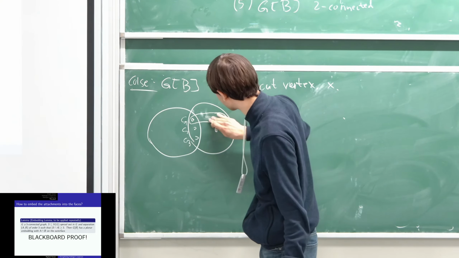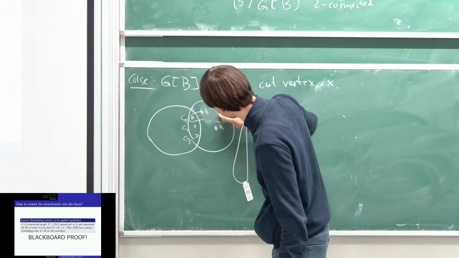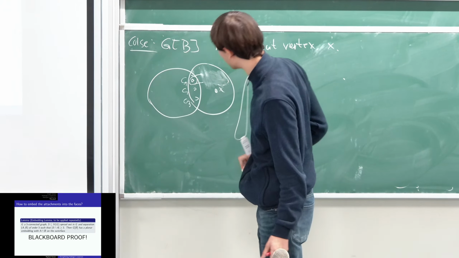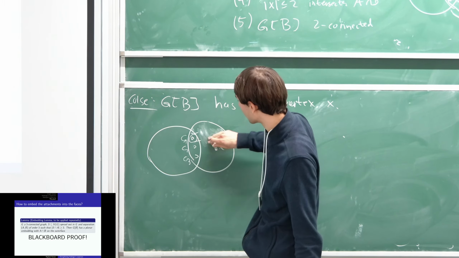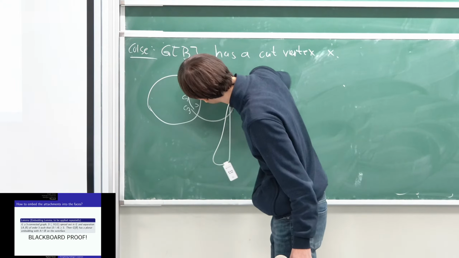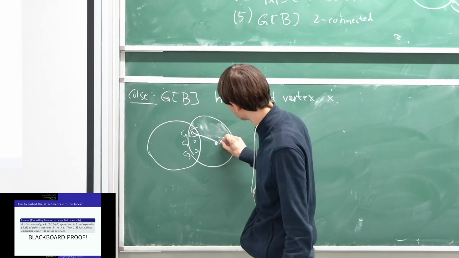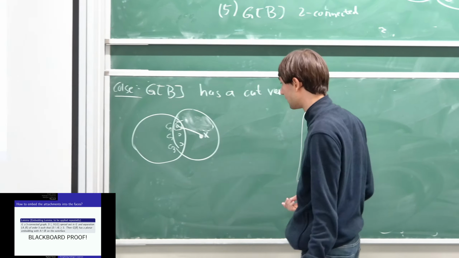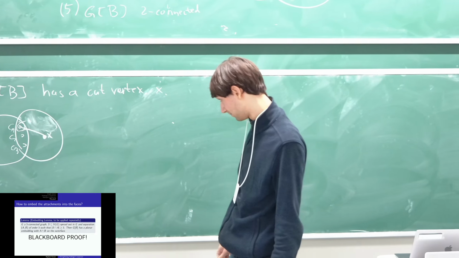So this has to be trivial, this is only C1. So if you remove X, then one of the vertices in the separator is in its own component, but this also means that this one vertex does not have any neighbors anywhere else. So the only neighbor of this guy has to be X. Only adjacent to X, otherwise we're not three connected.